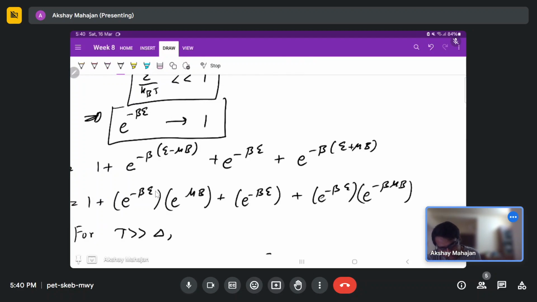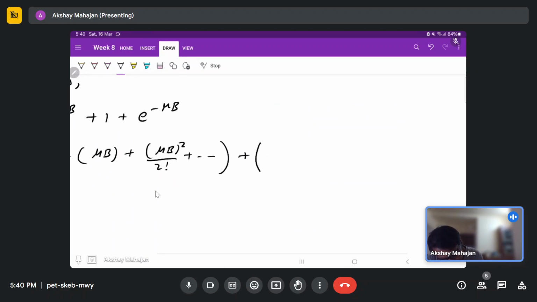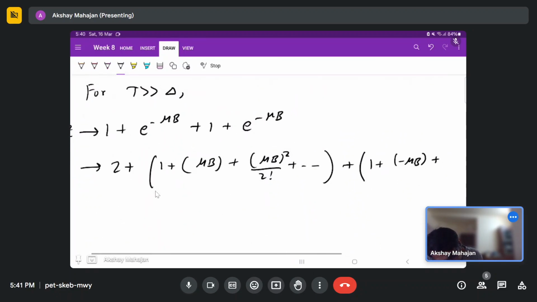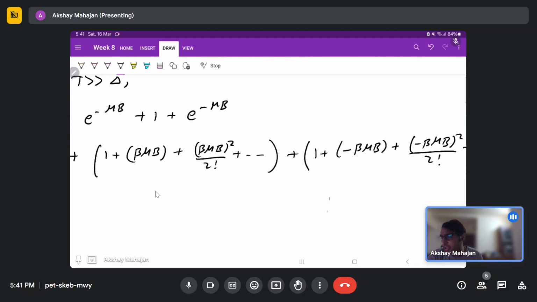Because minus minus gives plus beta times mu B, one will be plus and one will be minus, with terms plus minus beta times mu B whole square by 2 factorial and so on.